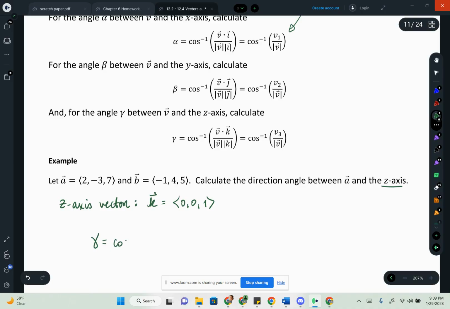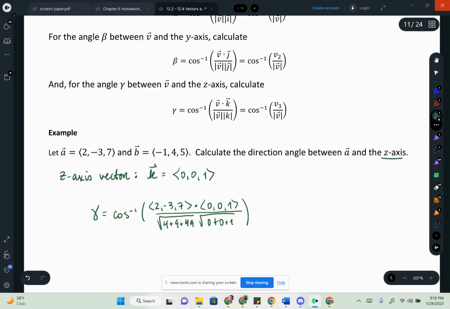It is equal to cosine inverse of A, which is our 2, -3, 7, times k, which is 0, 0, 1, all divided by the magnitude of A, which will be the square root of 4 plus 9 plus 49, times the magnitude of k hat, which is 0 plus 0 plus 1, just so you see this in all of its calculation glory.